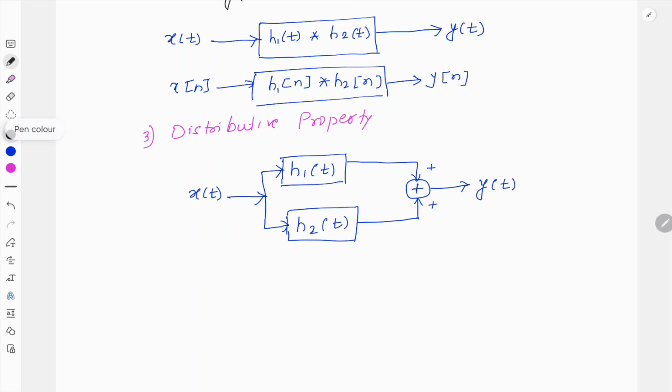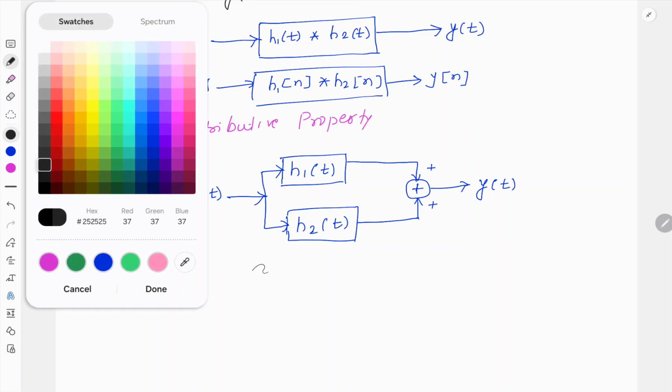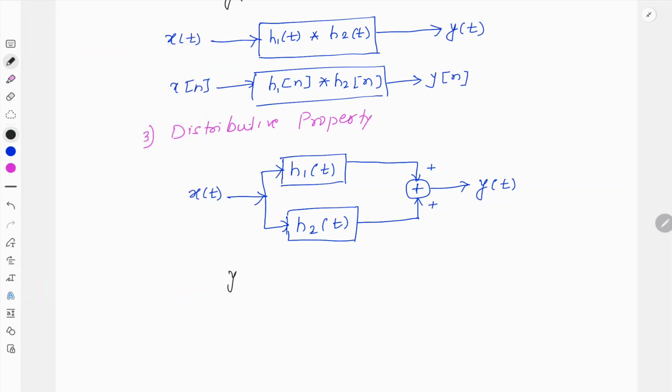Therefore, this y of t is represented as x of t convolving with the impulse responses of the two systems, h1 and h2, and these impulse responses are added together.